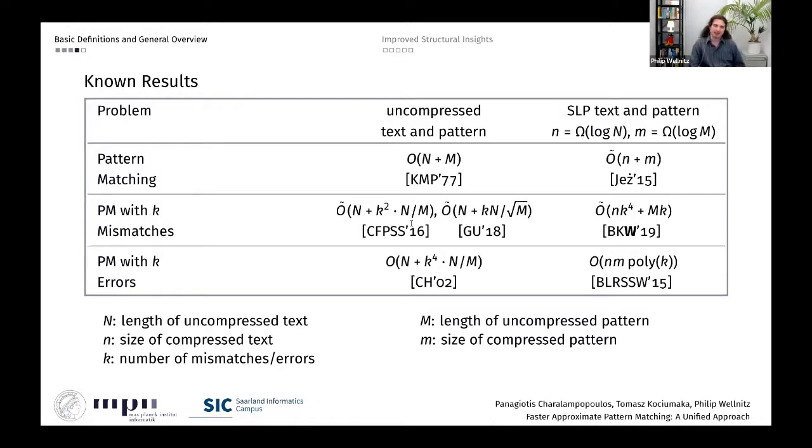And I think at least k cubed should be attainable. So this k to the 4 is perhaps not optimal. But also for our proof, in some cases we still need k to the 4 time. But perhaps this will be improved in the future.